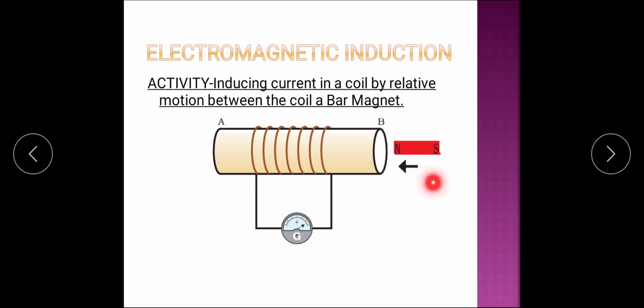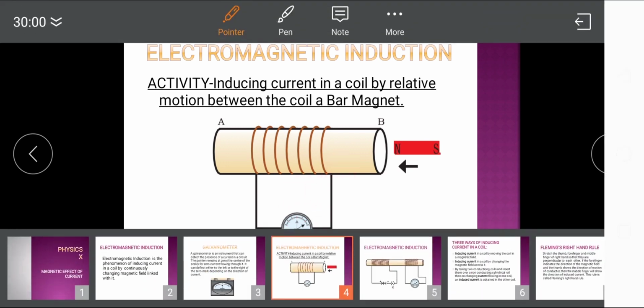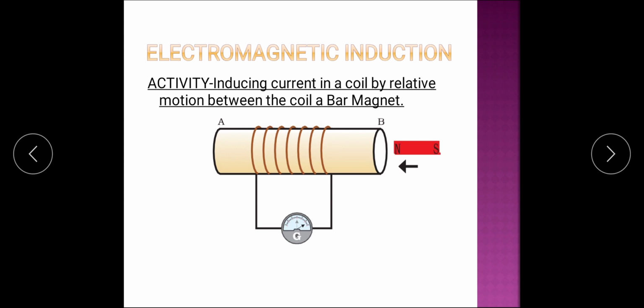But when the bar magnet is held stationary with respect to the coil, although the magnetic field of the bar magnet is linked with the coil, there is no change in the magnetic field. So there will be no deflection in the galvanometer, showing that no current is induced in the coil.